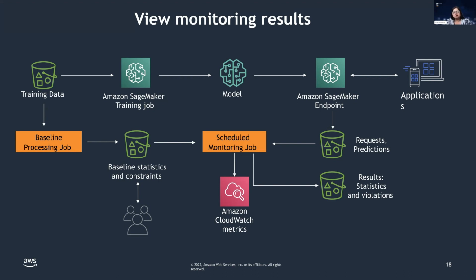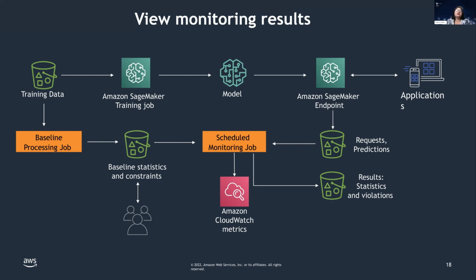Once the endpoint is deployed, there are requests for specific data, production data, and predictions are made. And there is a monitoring job for the model monitor, which is scheduled, which is going to save all the results and statistics and violations in S3. Now when I'm talking about violations, those violations are of course going to generate CloudWatch alerts and metrics.